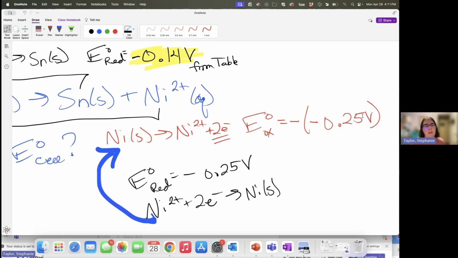The table gives you nothing but reduction values, but one of my reactions is not a reduction. So one of my values should be the reverse, because it is in fact an oxidation value, because it's being oxidized.